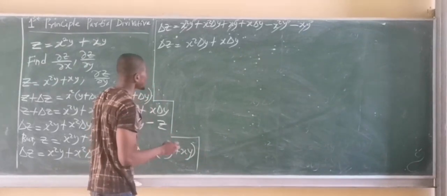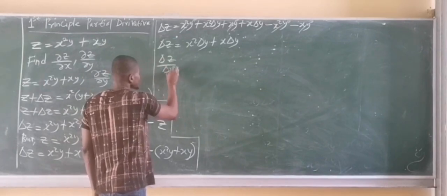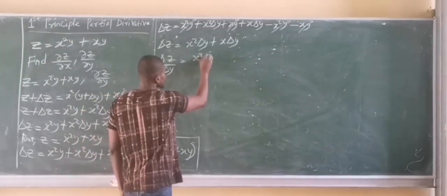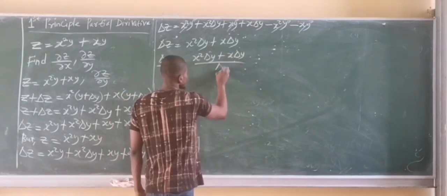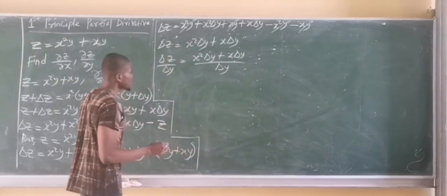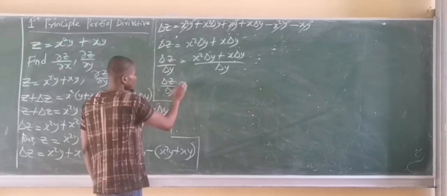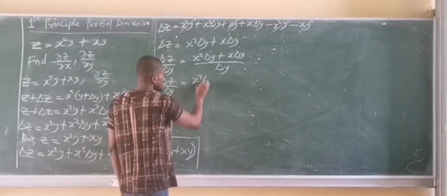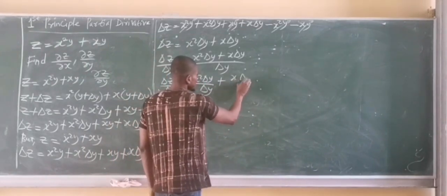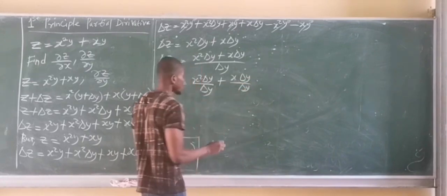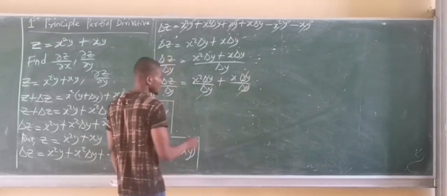Alright, so divide both sides by change in y. So you have change in z divided by change in y, equal to x squared change in y plus x change in y, all over change in y. This equation can also be broken as change in z over change in y equal to x squared change in y divided by change in y plus x change in y divided by change in y. At this point, change in y can strike change in y, and change in y can strike change in y.